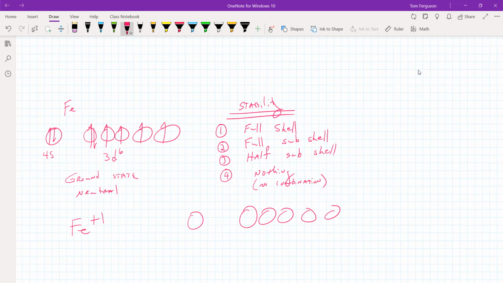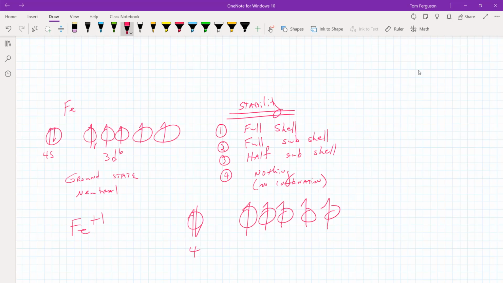And 6 here. We lose 1, well, 2 and 6 is 8. Losing 1, that'd make it 7. So we fill the S first. 3, 4, 5, 6, 7. So that would be the orbital configuration for Fe+.